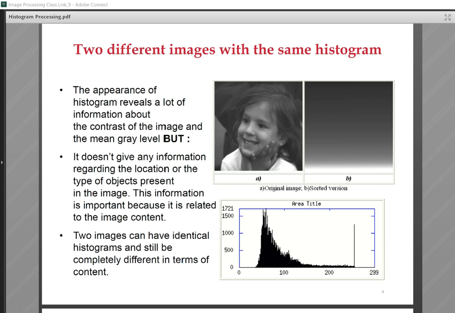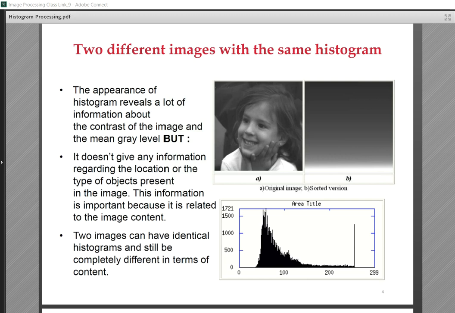I don't know, for example, this item is very bright, okay? This bright is here or here or here, okay? I don't know. I only know that some pixels have this gray level, but I don't know the spatial location of those pixels, okay?